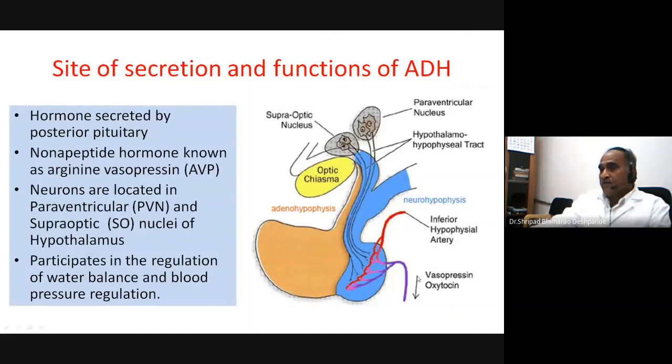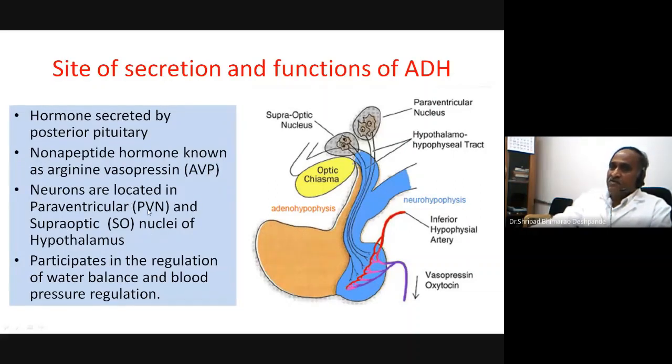So now we have two hormones from the posterior pituitary. This is a peptide hormone with 9 amino acid residues, a nonapeptide, known as arginine vasopressin.